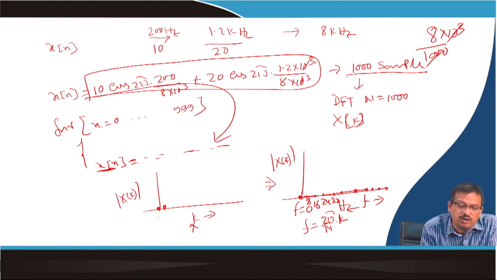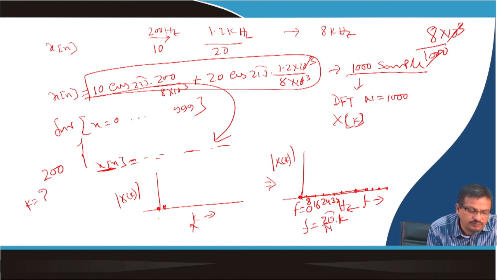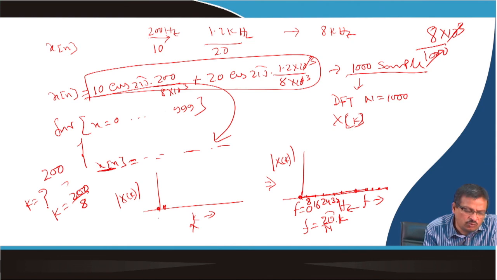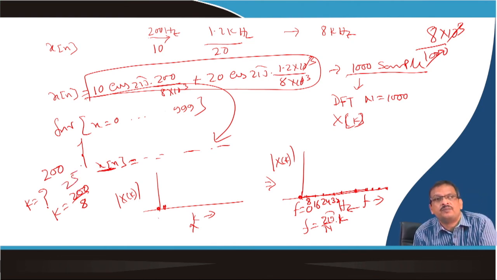Now if I want to generate 200 hertz, what should be the k value? The resolution is 8 hertz, so k is equal to 200 divided by the resolution, which is 25.